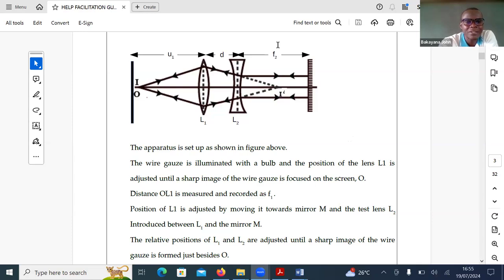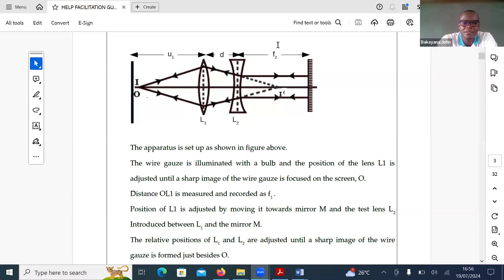So when we adjust until the object coincides with the image, at that point, rays meet the plane mirror at 90 degrees. Yes. So after that, what happens?